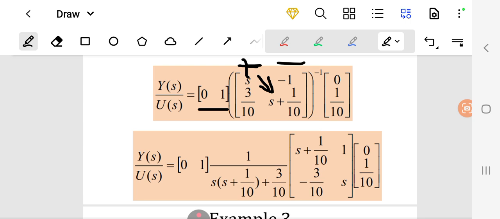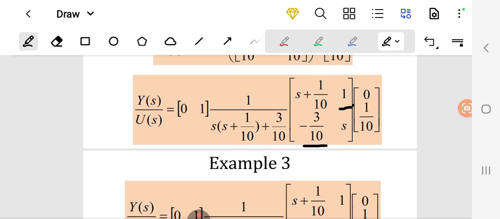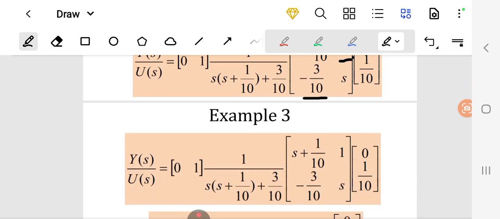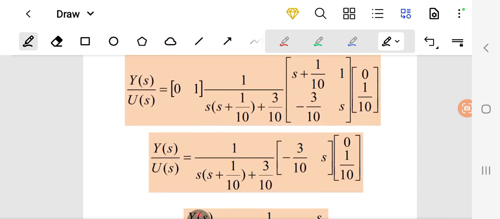And we change the signs of the other two elements. Negative 1 will be 1 and 3 over 10 will be negative 3 over 10. Now we will multiply this matrix by this vector. 0 times (s plus 1 over 10) equals 0. 1 times negative 3 over 10 equals negative 3 over 10.